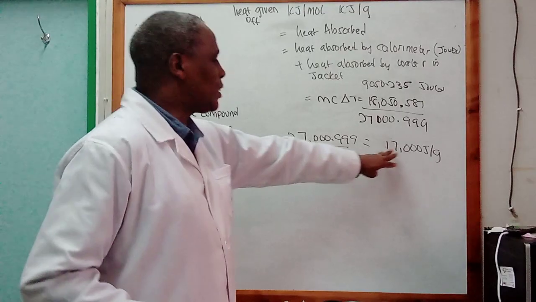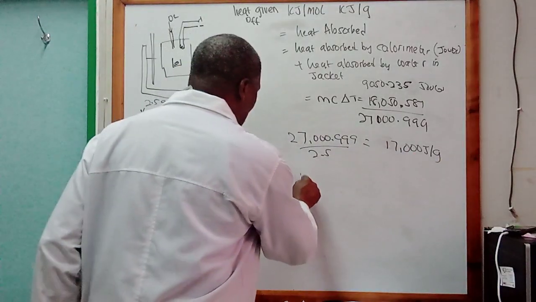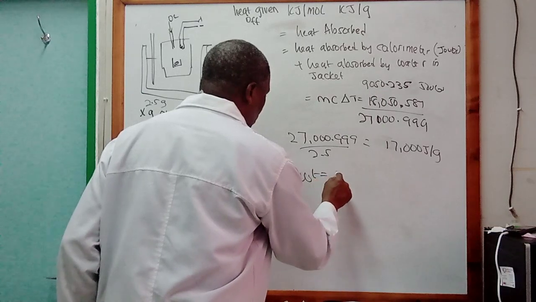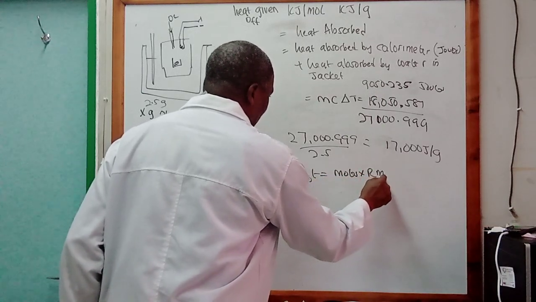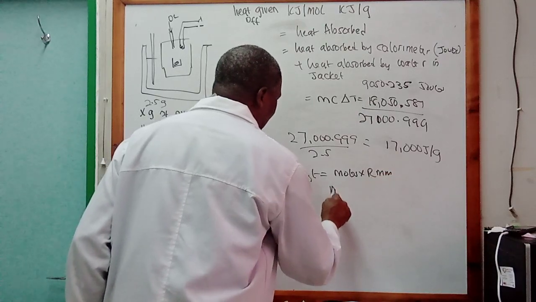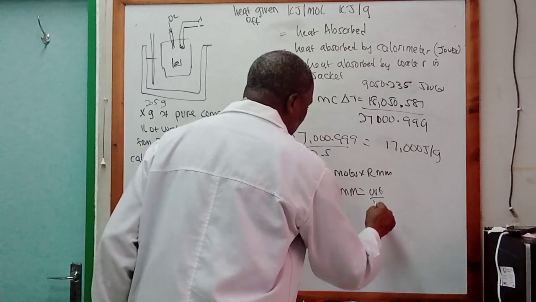Then from there, this has been the energy given per gram, and now you know the weight is equal to the moles times the relative molecular mass. Also, it means that the relative molecular mass is equal to the weight over the moles.